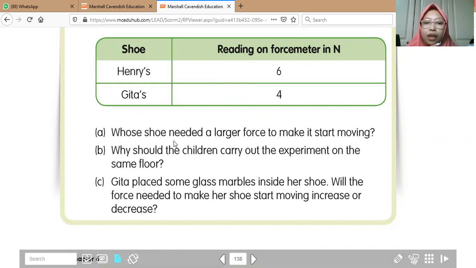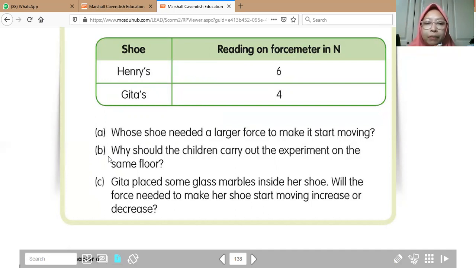Where is the bigger reading on the force meter to answer this? The larger force means it's heavy. It's heavy for the shoes or the things, so it needs the larger force to pull the shoes. You can look at the reading on the force meter in Newton.